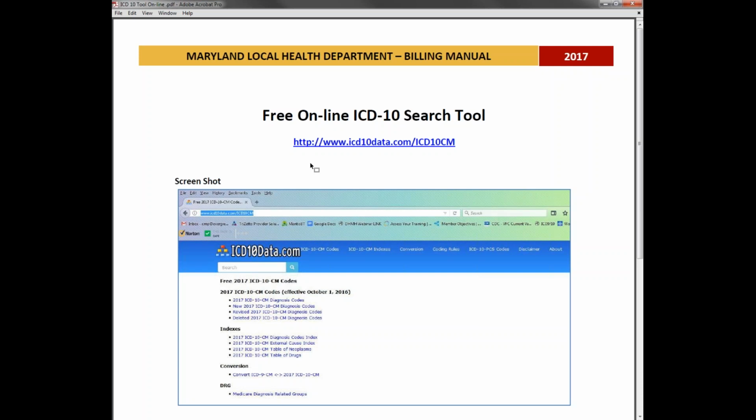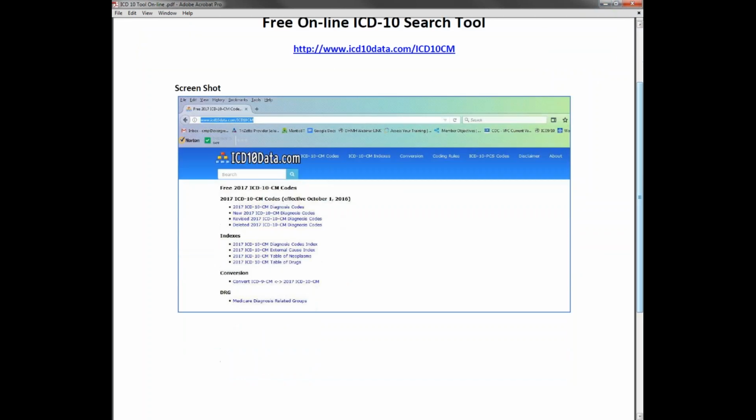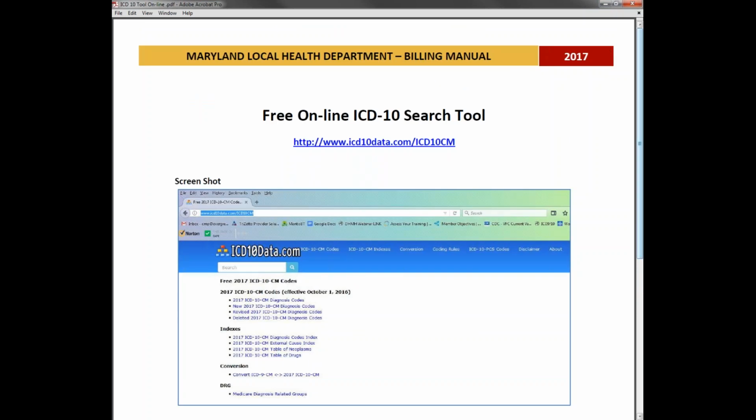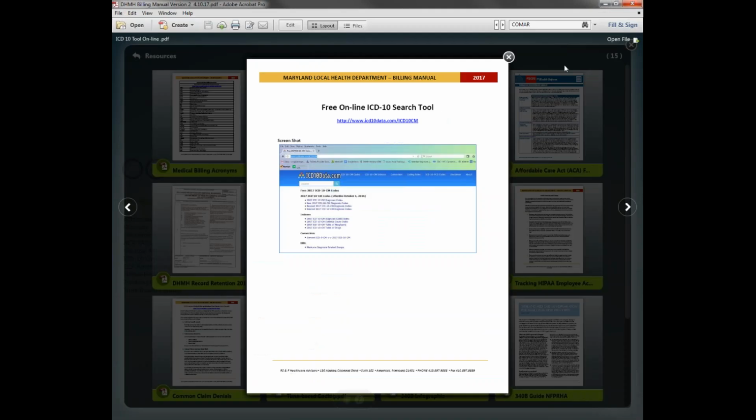Again, you can even crosswalk ICD-9 to ICD-10 if you want. And we can't express enough how specific the insurance companies are getting, requiring providers to make sure that their codes are as specific as possible, or they'll deny paying it because the code's not specific enough. So it's a nice tool to have.